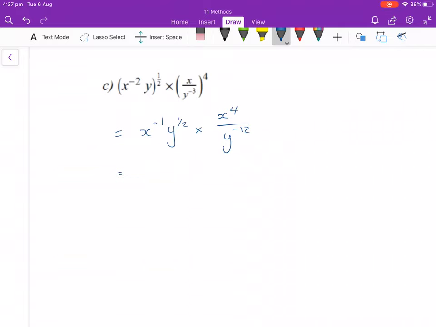This could be rewritten as x to the power of 3, and then y to the power of 12 plus 1/2, or just x cubed y to the power of 25/2.